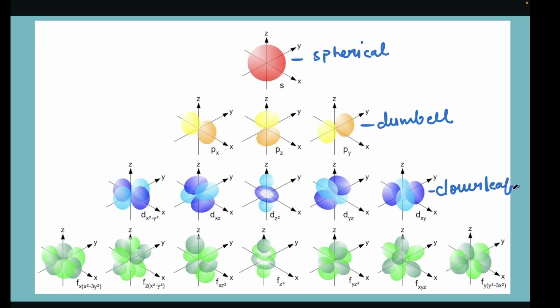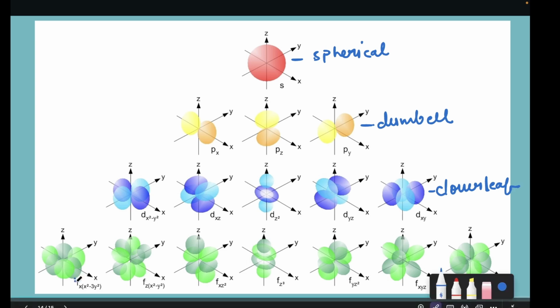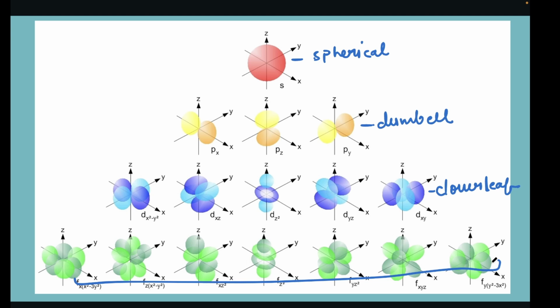By the time we reach f orbital, the shapes are the most complex. So in the f orbital, multiple lobes are in different directions. It is almost like a flower with multiple petals. This complexity increases because orbitals must spread out in more directions to hold more electrons.